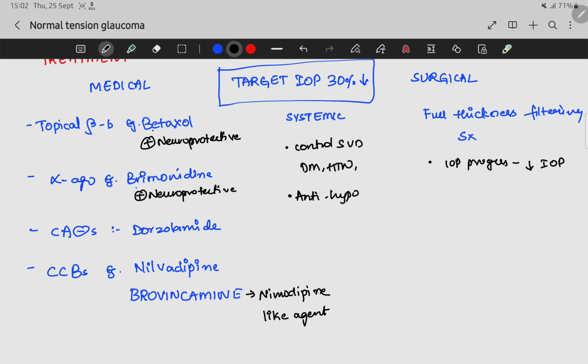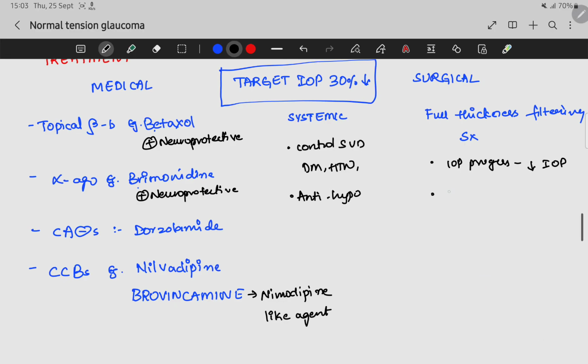The optic nerve head or the visual field changes are progressing despite reduction in the IOP, and also in patients whose baseline IOP is in the upper teens, that is in the high normal range.